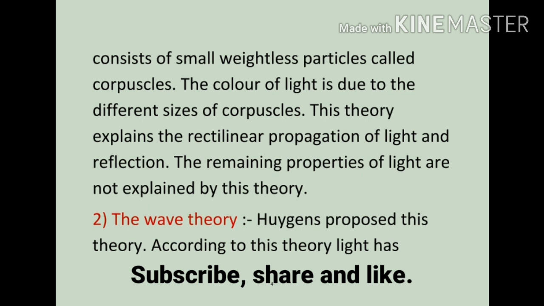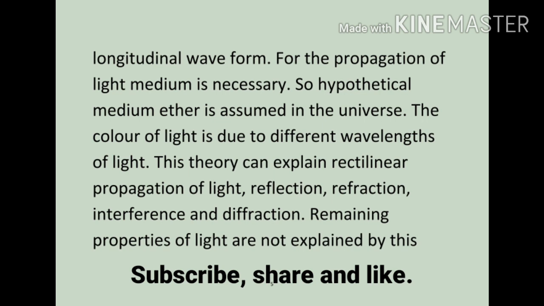And second one, the wave theory of light, proposed by Huygens. According to this theory, light has a longitudinal waveform. For the propagation of light, a medium is necessary. So he assumed that the universe is filled with a medium known as ether.